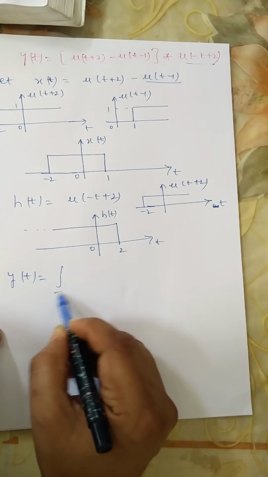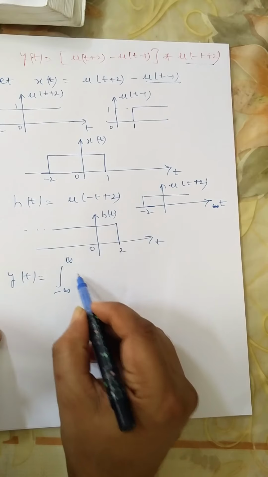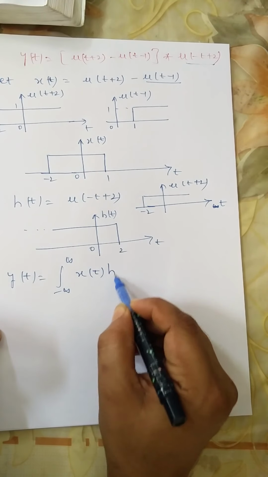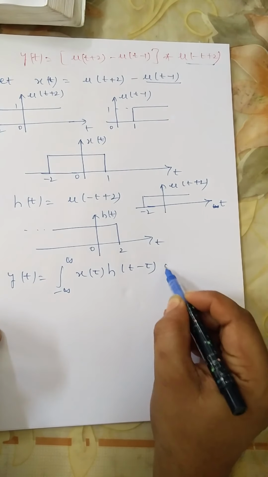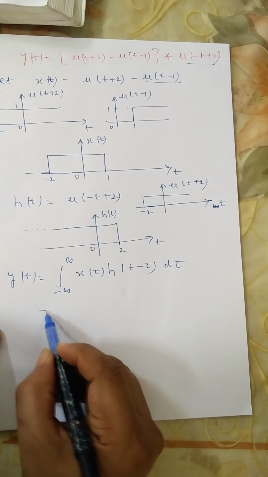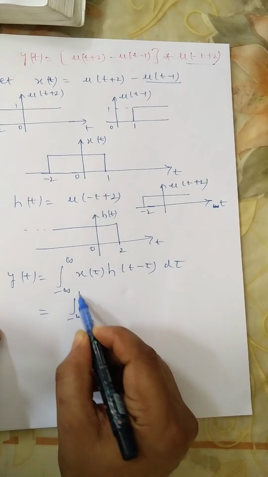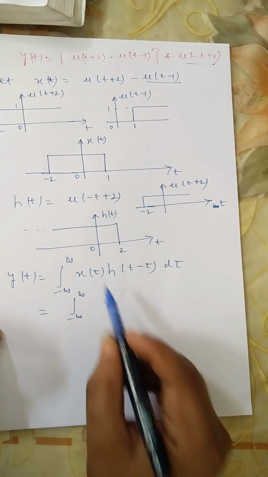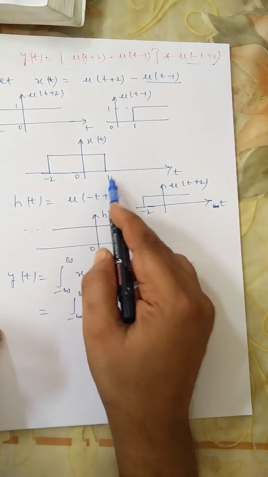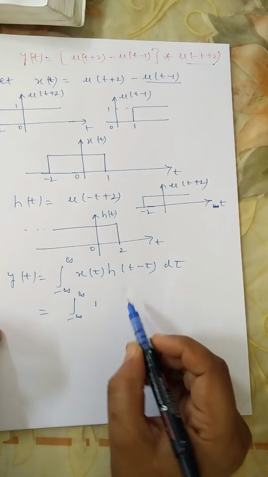Now apply the convolution integral formula. The convolution integral is the integral from minus infinity to plus infinity of x of tau times h of t minus tau d tau. That is the integral from minus infinity to plus infinity. X of tau exists only from minus 2 to plus 1. Its value is 1.